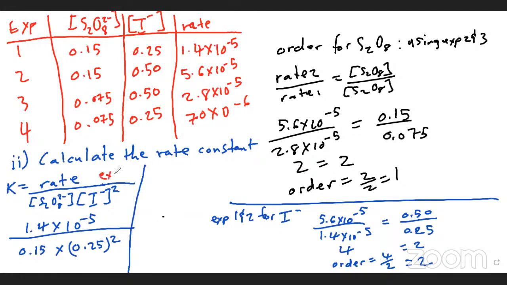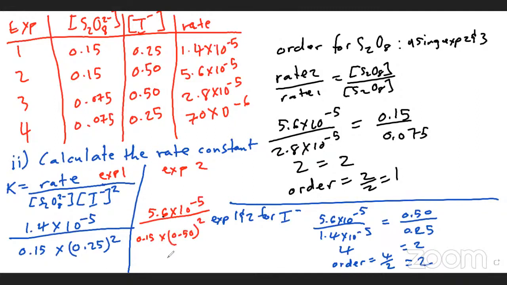I want somebody to just calculate experiment 2 for me. Using experiment 2, it would be 5.6 times 10 to the minus 5 divided by 0.15 times 0.50 squared.